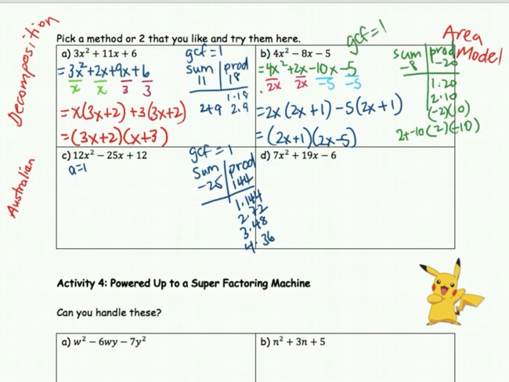Okay, 5 doesn't work. 6. 7 doesn't work. 8. 9. Okay, that is going to add to 25. All right, so we just got to tweak the signs.